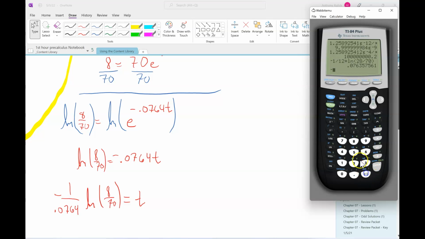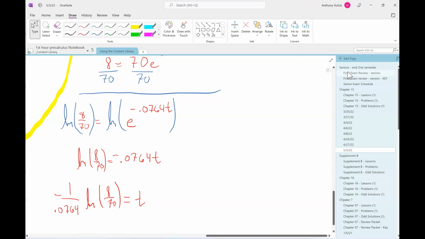All right, so negative 1 over, and I'm just going to grab my value for k that's still on my screen, times the natural log of 8 over 70. So about 28.4 minutes.